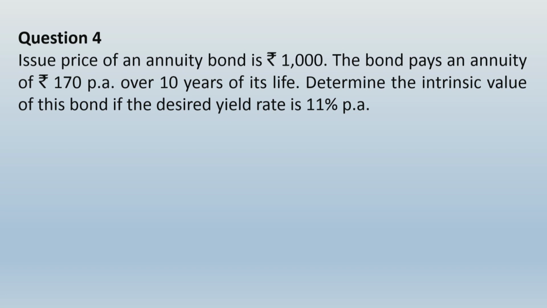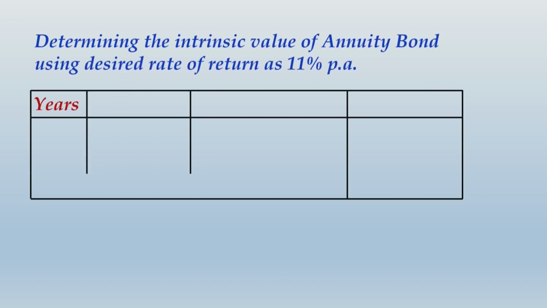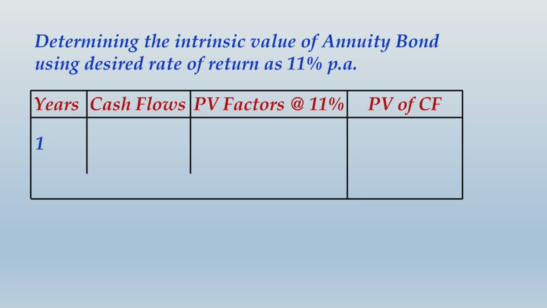Now, very simple. What you just have to do as part of your solution is make that same table. Now, in the table what we generally make, we write 2 lines, correct? One is for the coupon payment and one is for the redemption price. Here there is neither any coupon payment nor any redemption price. The only cash flow that we have is the annuity of 170 every year for 10 years.